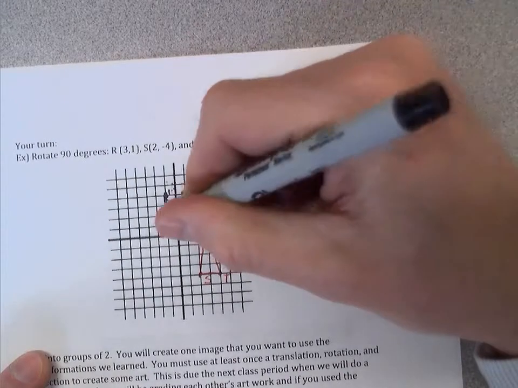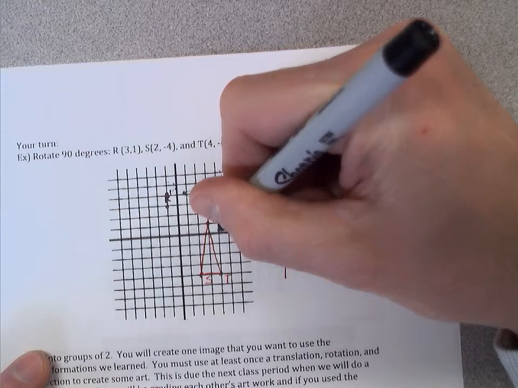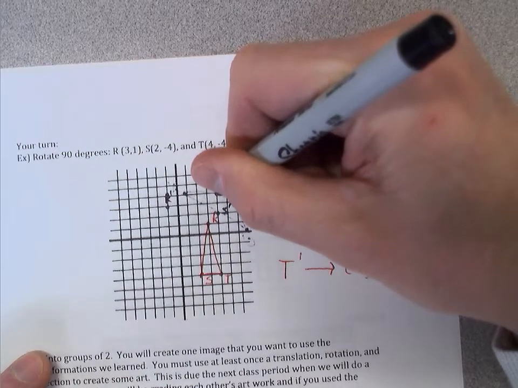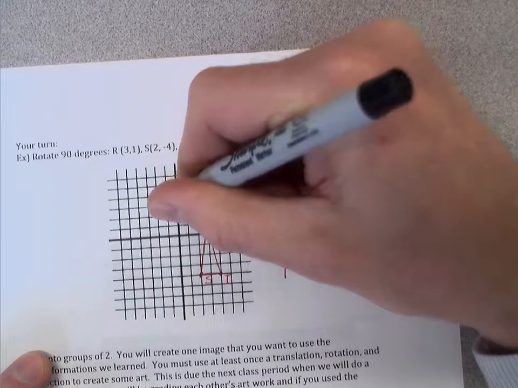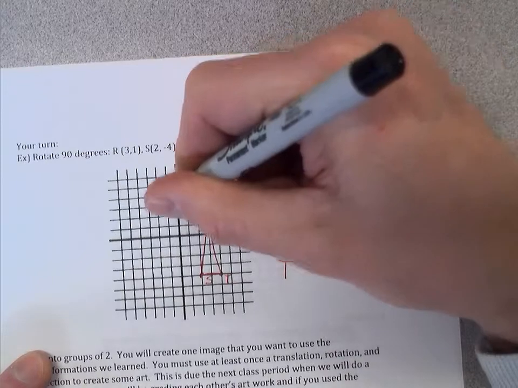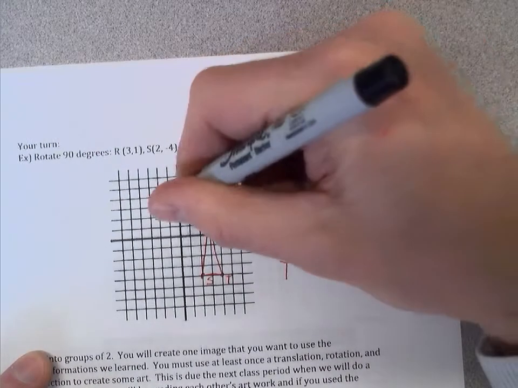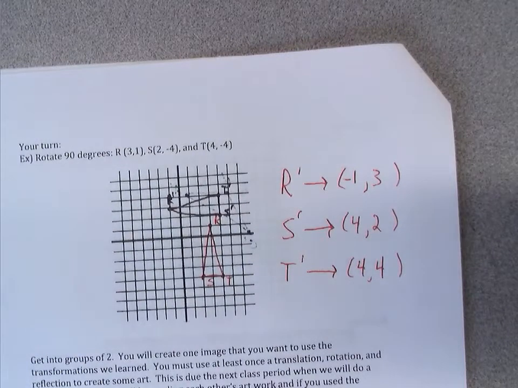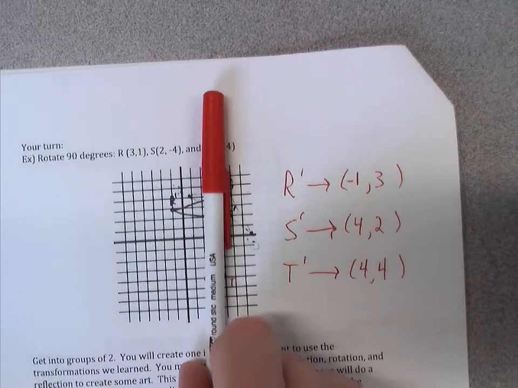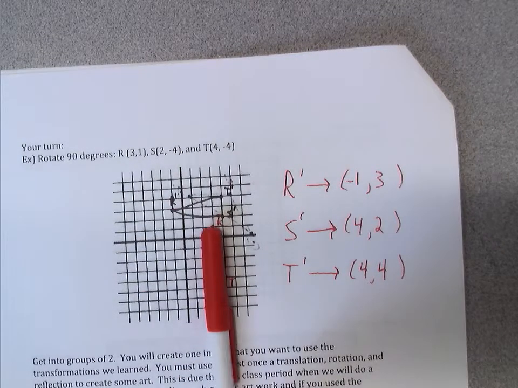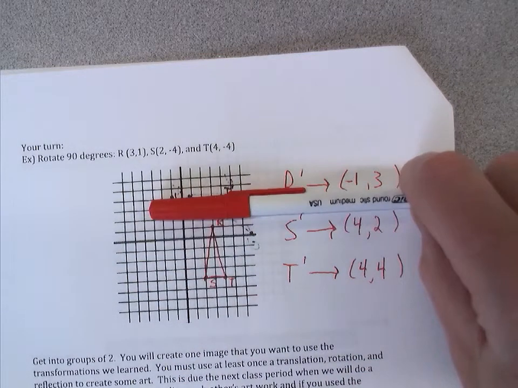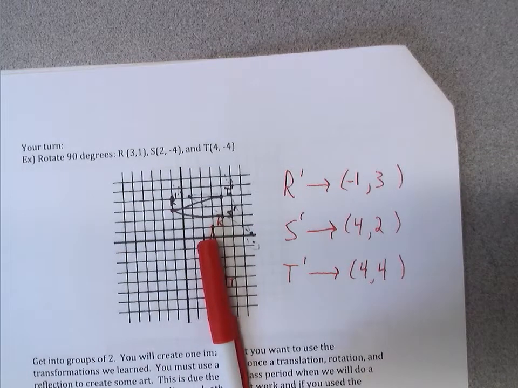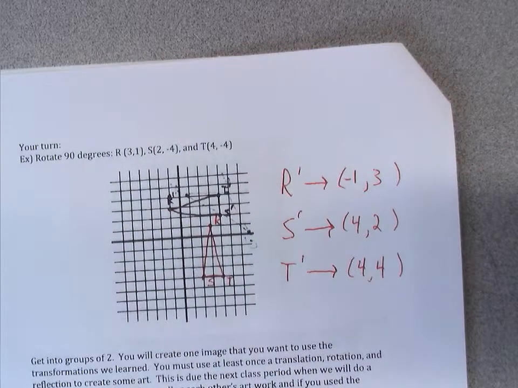And then T' is 4, 4. 1, 2, 3, 4. 1, 2, 3, 4. And then again, we can connect those. And there is our shape that has been rotated 90 degrees from where it used to be. You can tell that that's where it was here, and now it's been rotated here. You can see the shape is perpendicular to the old shape, which makes it 90 degrees.